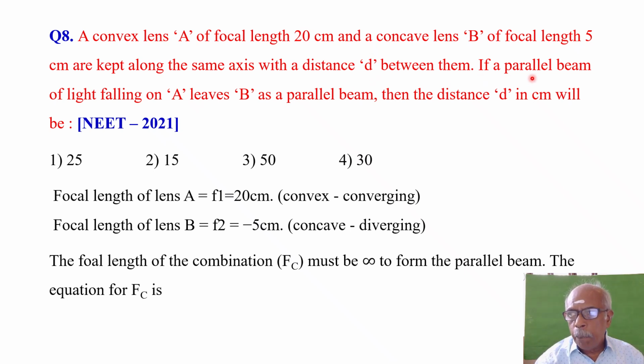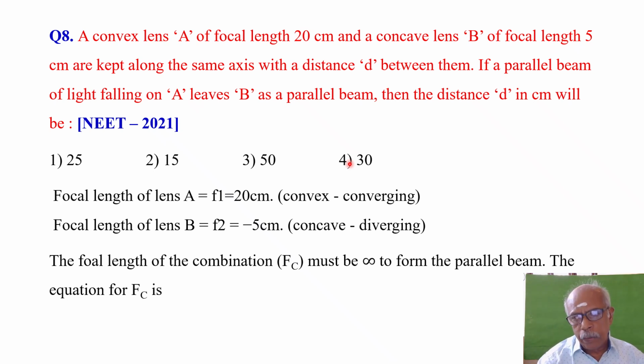If a parallel beam of light falling on A leaves B as a parallel beam, then the distance d in centimeter will be how much? You are given four options: 25, 15, 50 and 30 centimeter.